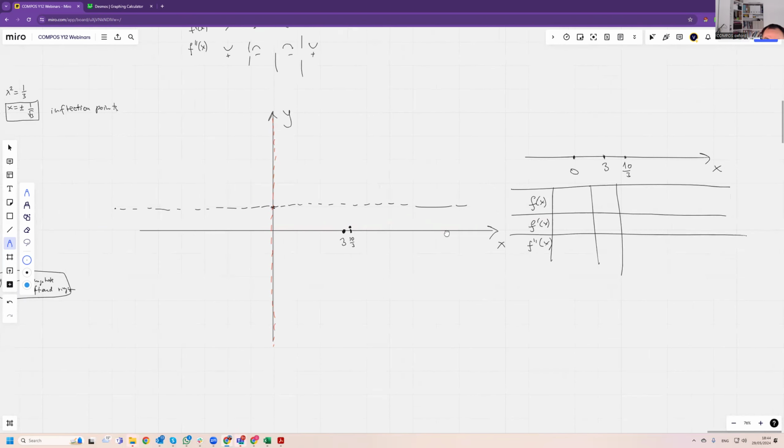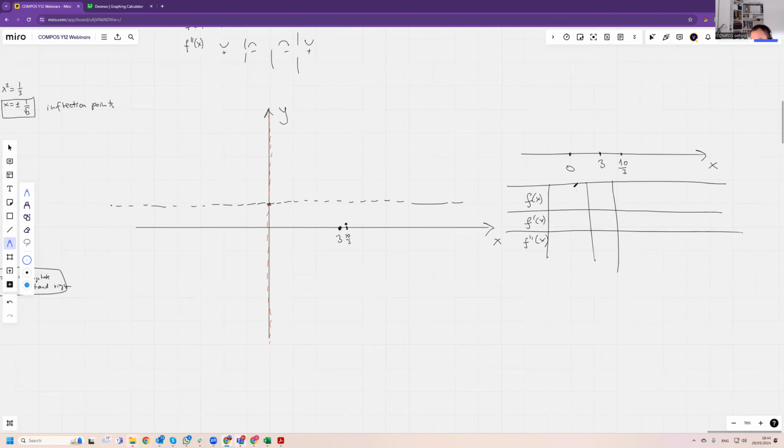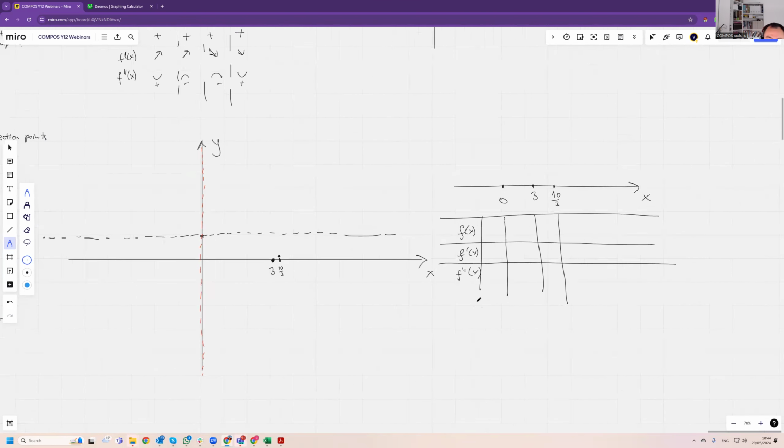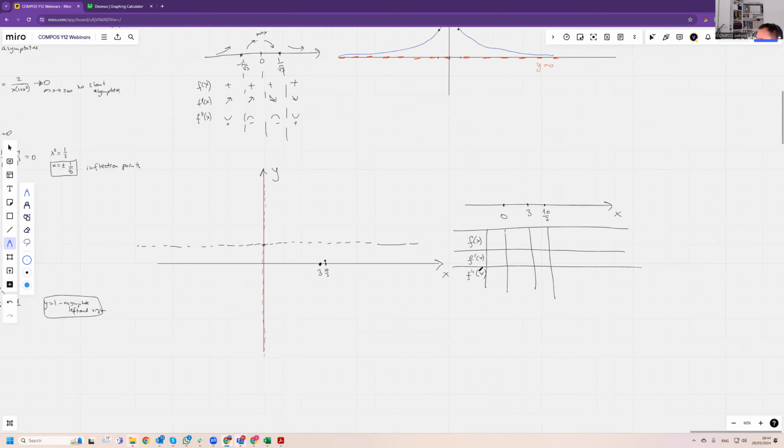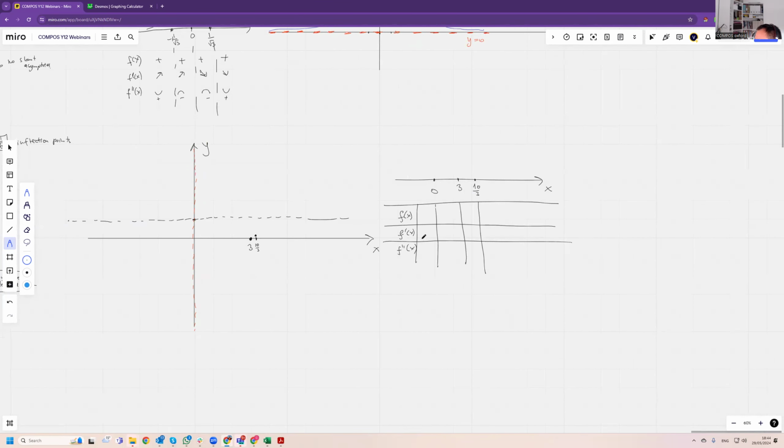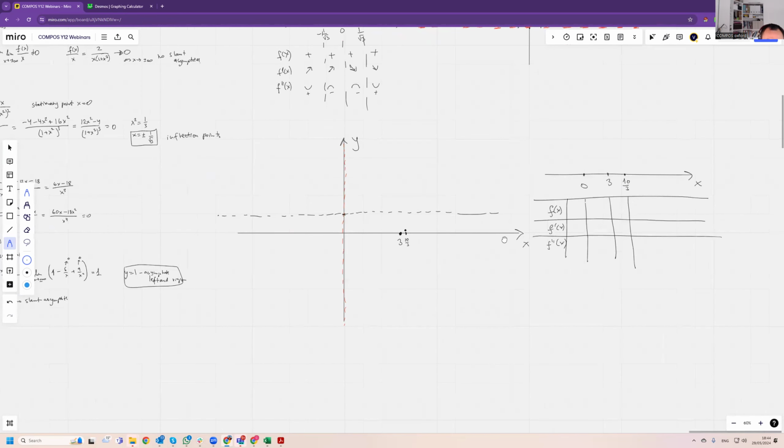Okay. Does it make any sense? The function itself. Yeah, I canceled out the x squared.